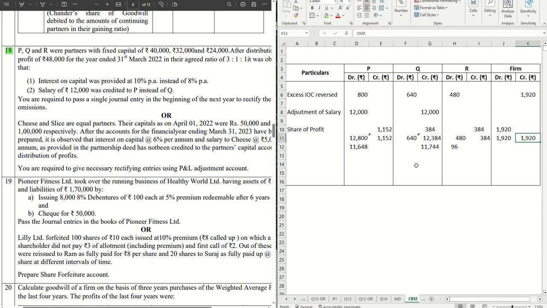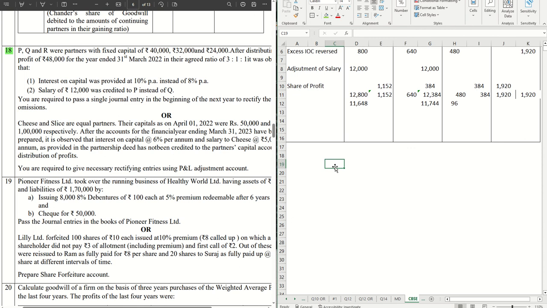So what the journal that we get from here, you can see easily debit side gives you the idea that P's capital account will be debited, R's capital account will be debited, to Q's capital account. These debit total should add up to the credit total that you are getting. So what's the journal?